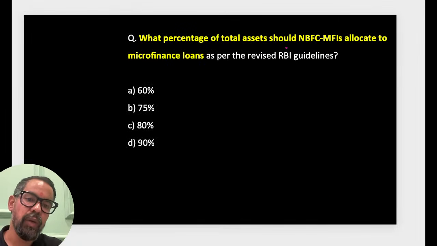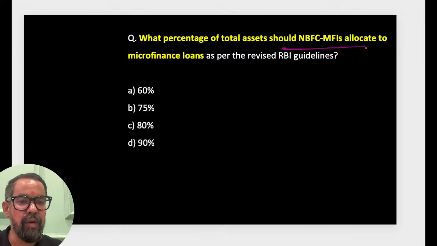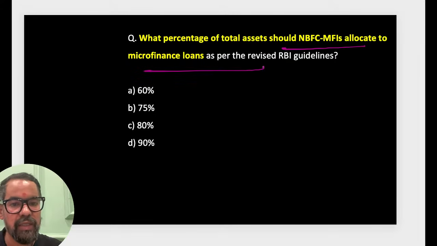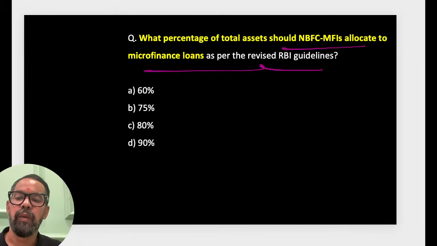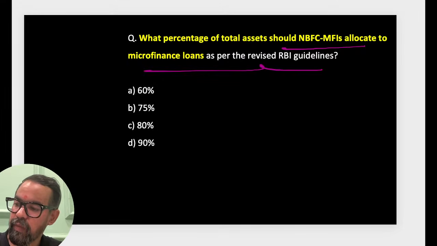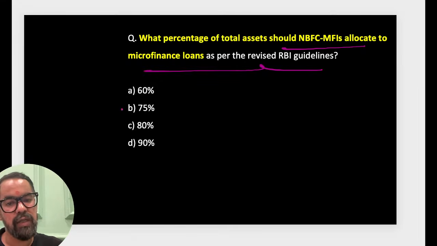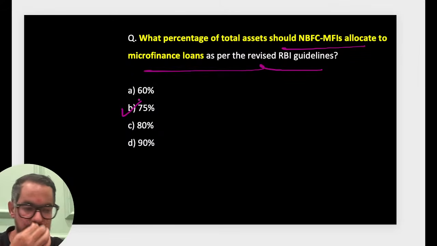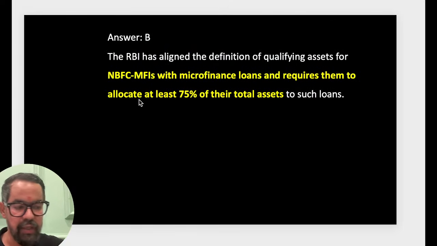What percentage of total assets should NBFC MFI allocate to microfinance as per the revised RBI guidelines? क्या होगा आंसर? What will be your correct answer for this one? 75%. ठीक है. So option B, yes, very good Vinod sir.